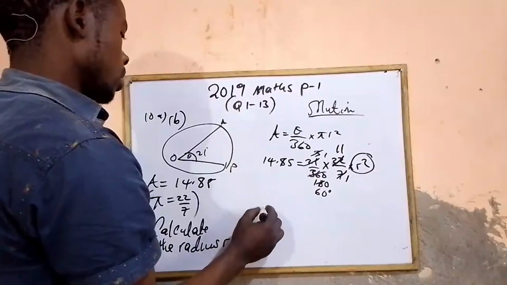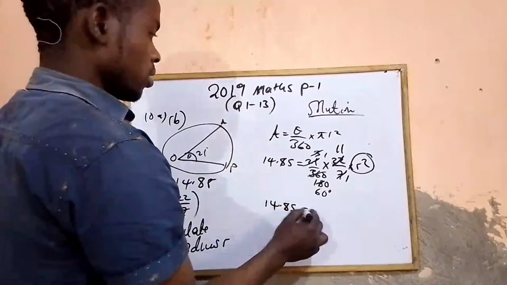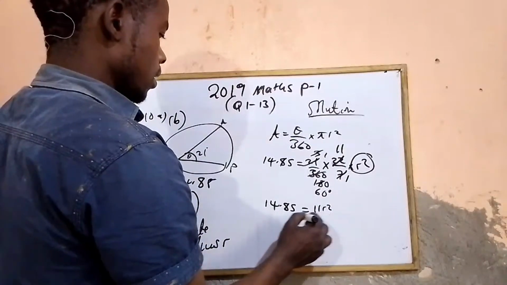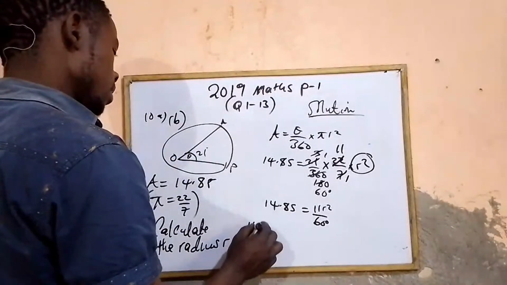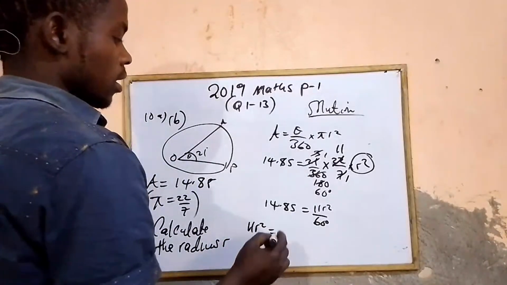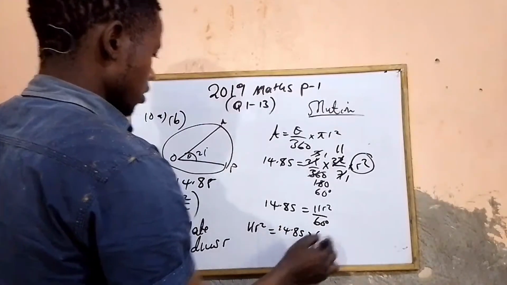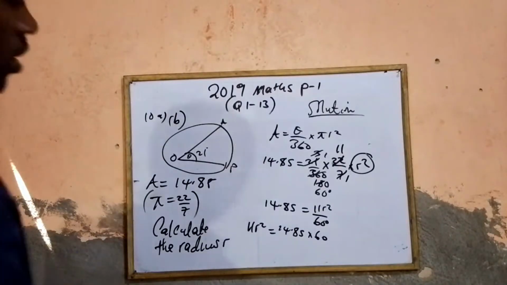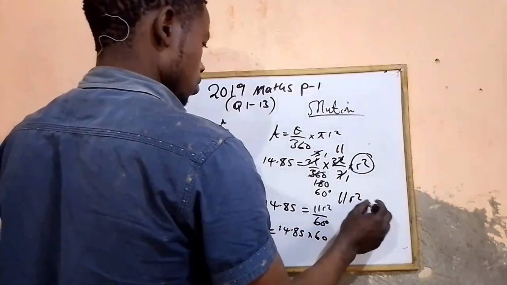So we have 14.85, which should be equal to 11 r squared over 60 degrees, in which 11 r squared should be equal to 14.85 times 60 degrees. How can we simplify this easily?